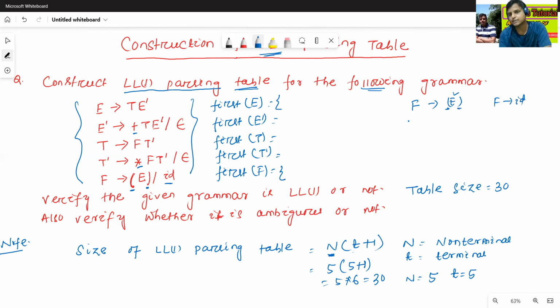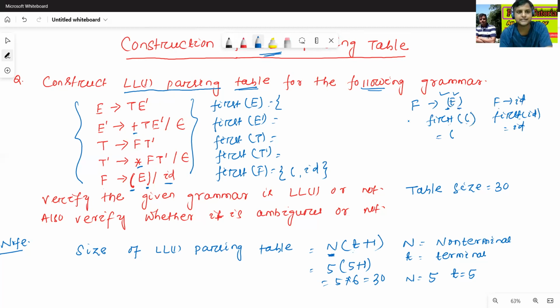So first of this production is first of open bracket, and first of a terminal is the terminal itself. For F goes to ID, first of ID is ID. So first of F is open bracket and ID.